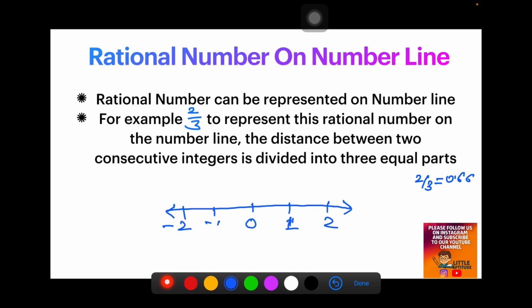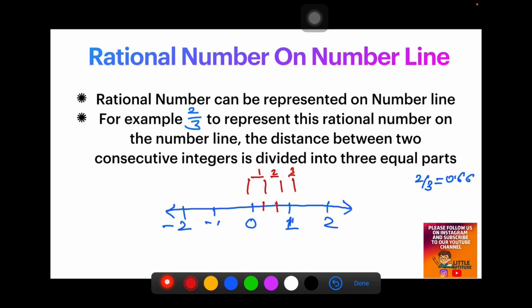So to represent 2 by 3 on the number line, I need to divide the 0 to 1 distance into 3 equal parts. Okay, so I am making 3 equal parts. Now 0 to 1 is divided into 3 equal parts: this one, this one, this one. So 1, 2, 3.